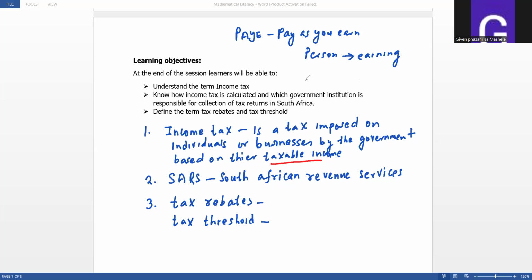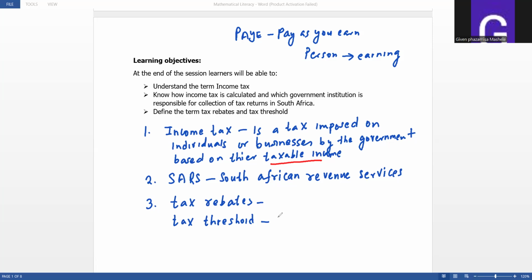Some are not eligible to pay tax and some are eligible to pay tax. Which means in terms of the government or SARS, they come up with what we call an income level, which is used to check whether a person qualifies to pay tax or not. And this income level is actually called a tax threshold.